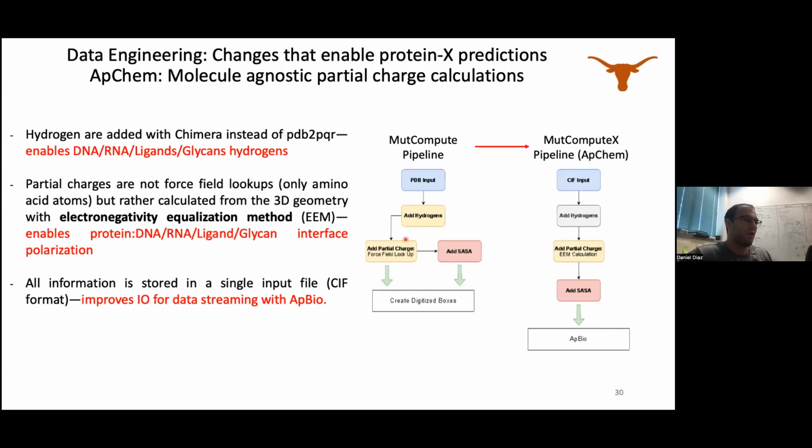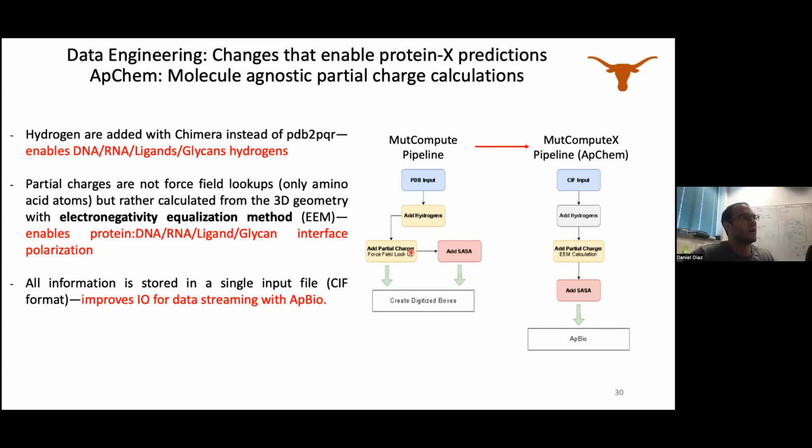So this made it really hard to scale, because we wanted partial charges that would take into account how a ligand polarizes the protein when they interact, or how a protein would polarize a ligand, not have them be looked up in a table separately and then just put them together.